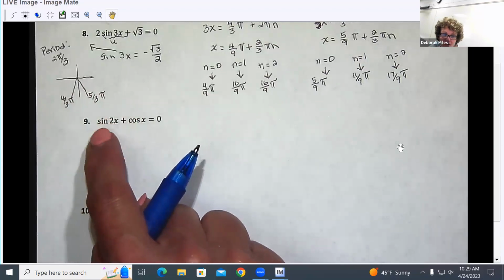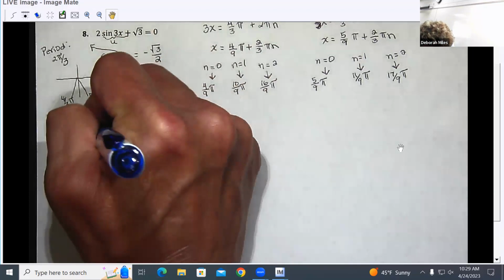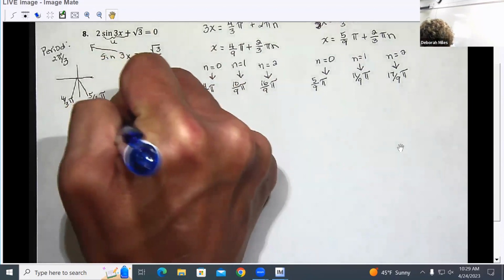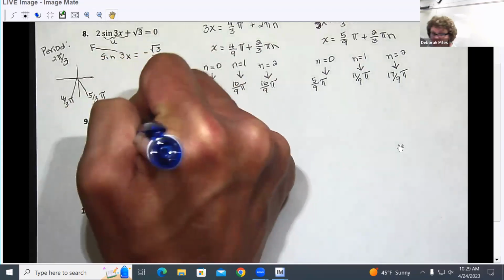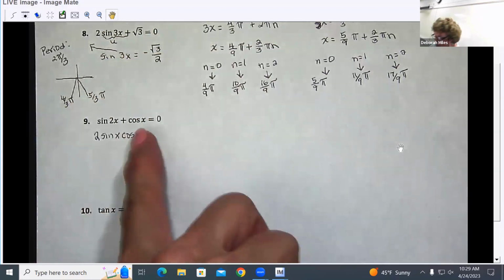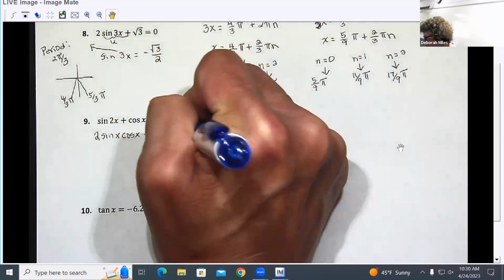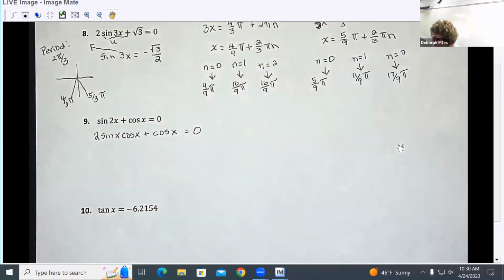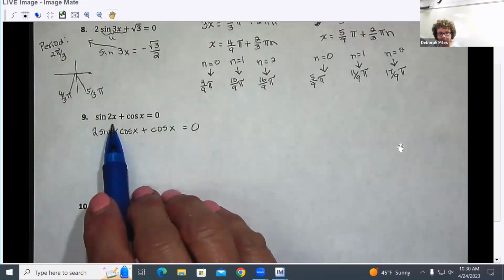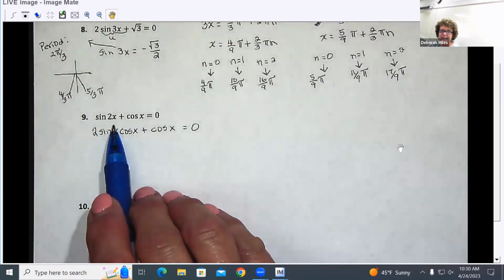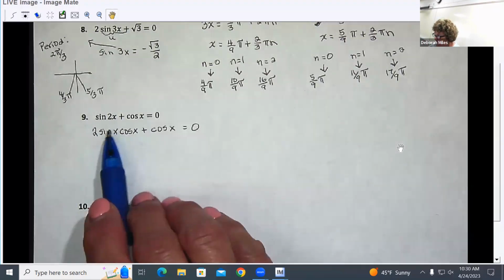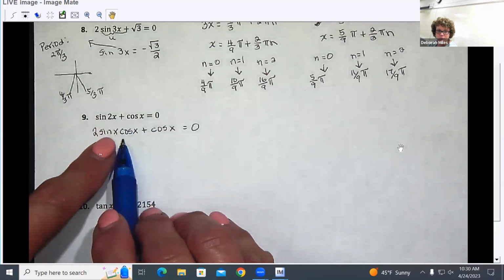In the place of sine of 2x, I can put 2 sine x, cosine x, and then I have the second term plus cosine x equals 0. I needed to do something about that argument being 2x. I didn't know in advance what would happen if I used the double angle formula.